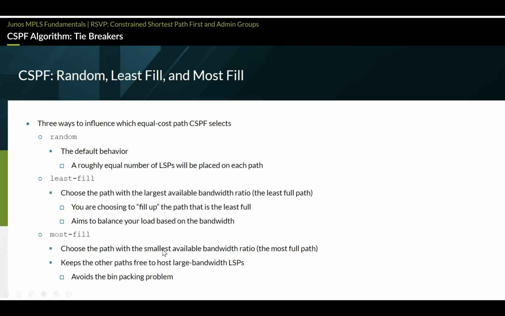Least full means the bandwidth ratio is higher, the largest available bandwidth ratio. When you choose least full, the LSP will choose the largest available bandwidth ratio. When you choose most full, it takes the smallest available bandwidth ratio. So this is the key difference among random, least full, and most full.